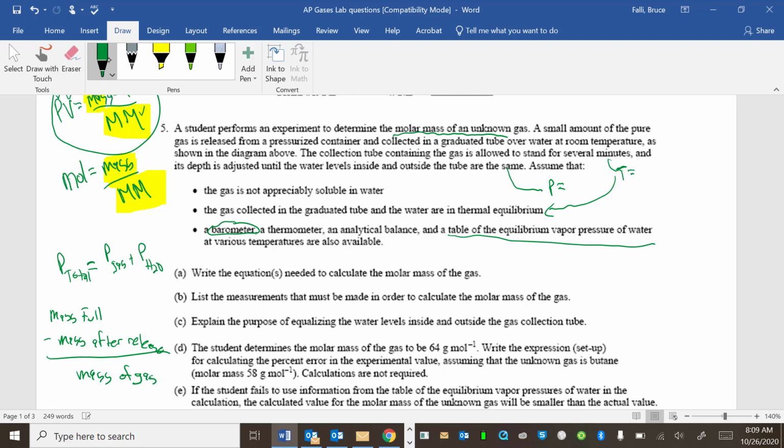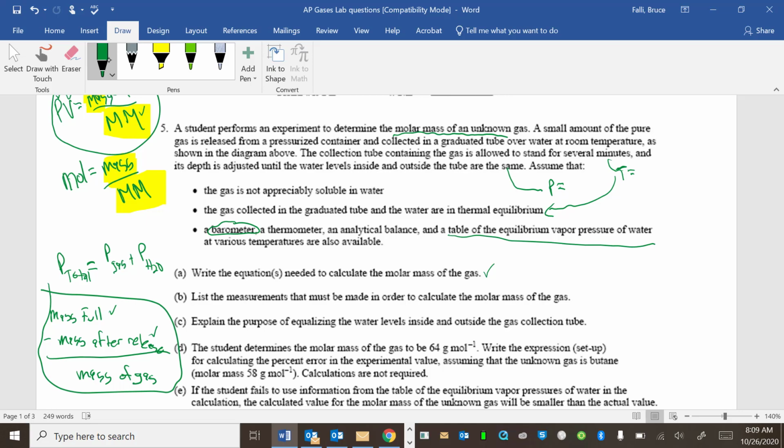I'm sure you're not surprised that this is the most forgotten one. So the way you make sure that you don't forget any of these, if it asks you to list the equations, is you think of the mama equation, the last one, and backtrack each one to either measuring it with a balance, say mass is a balance, or a graduated cylinder, or a barometer, or a thermometer.